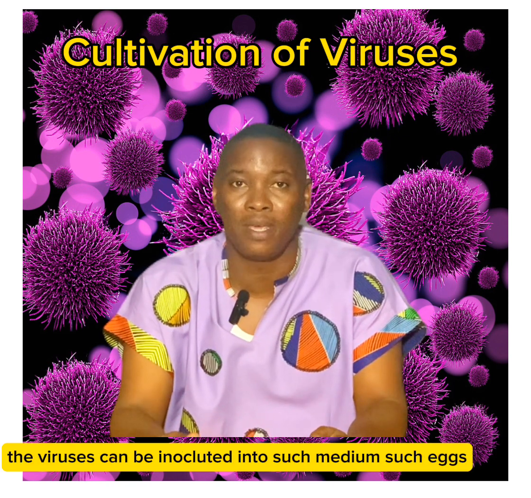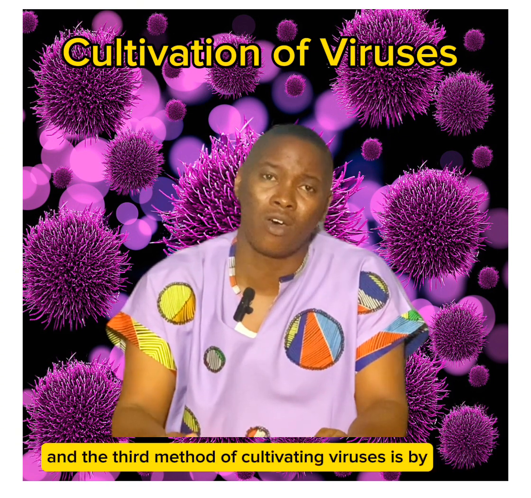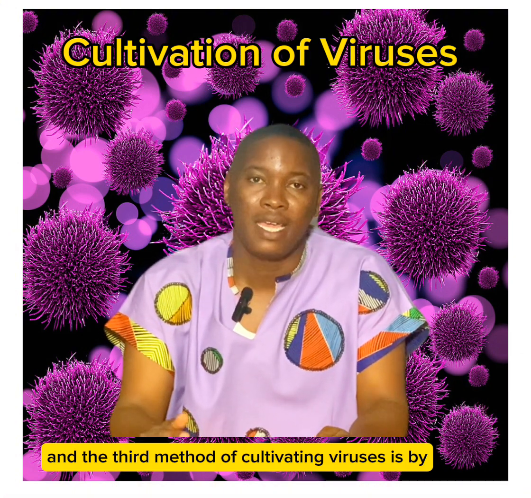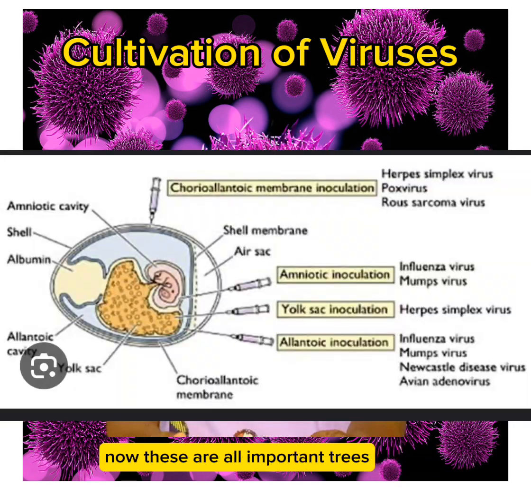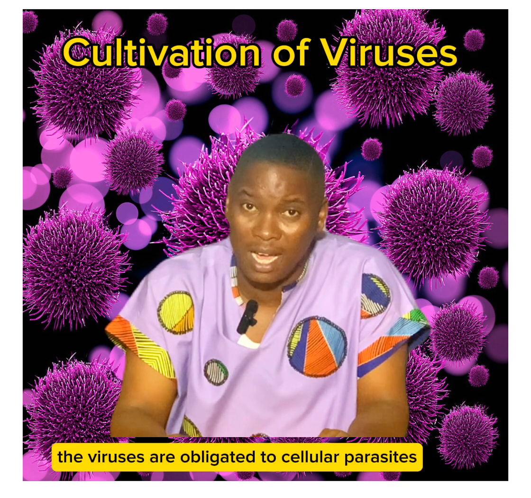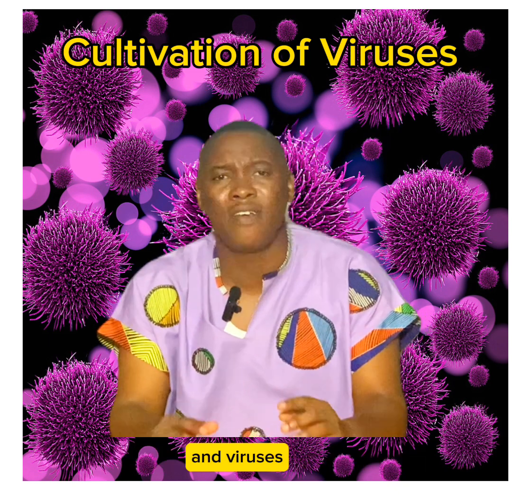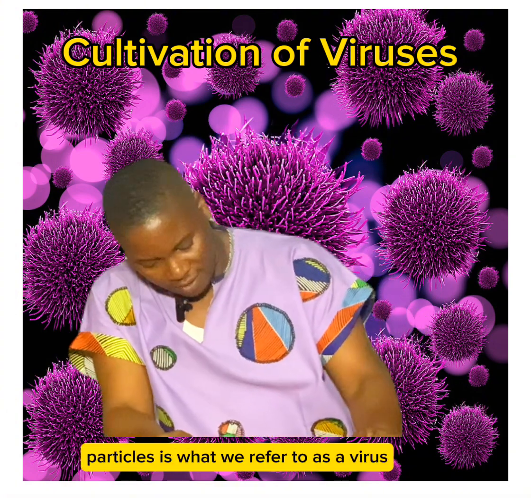The viruses can be inoculated into such eggs. And the third method is by inoculating the viruses into cells or tissue cultures. Now, these are all important ways, but like I said earlier, viruses are obligate intracellular parasites, and a fully matured virus particle is what we refer to as a virion.